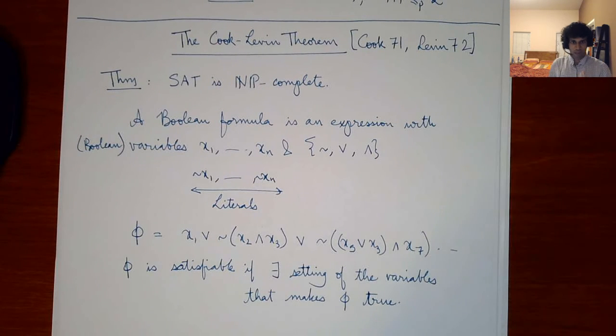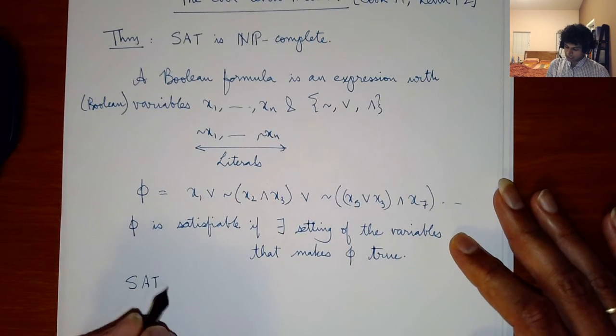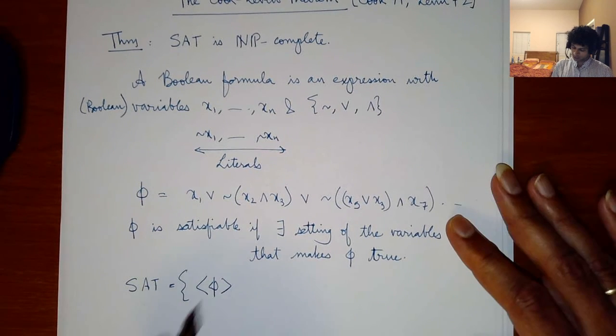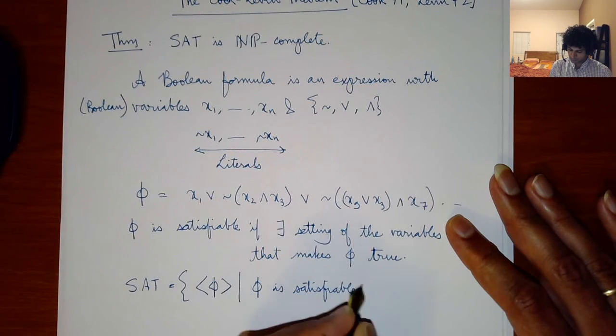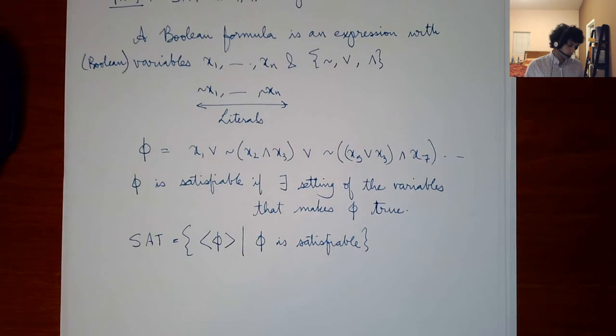Now, phi is satisfiable if there is a setting of the variables that makes it true. The language SAT is the encoding of all formulas phi such that phi is satisfiable. Okay, any questions about what SAT means?